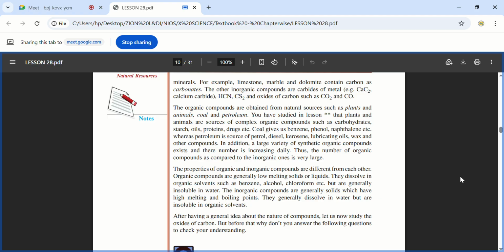In addition, a large variety of synthetic organic compounds exist and the number is increasing daily. Thus, the number of organic compounds as compared to inorganic ones is very large.